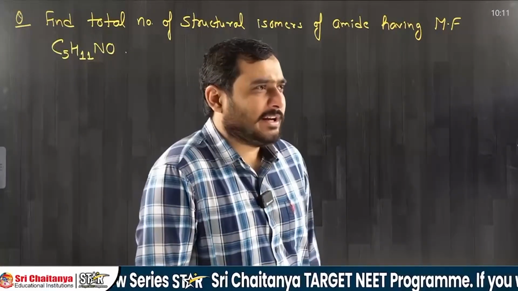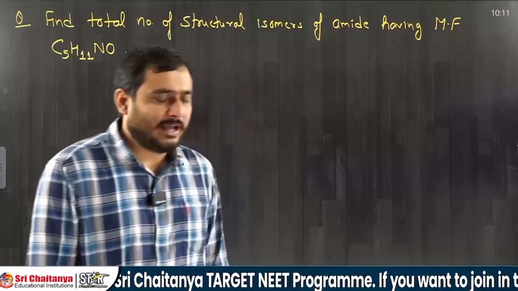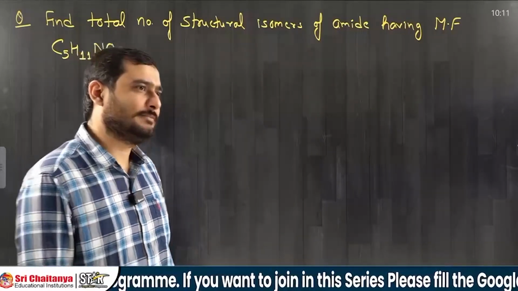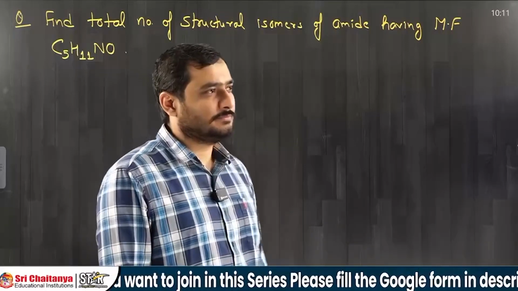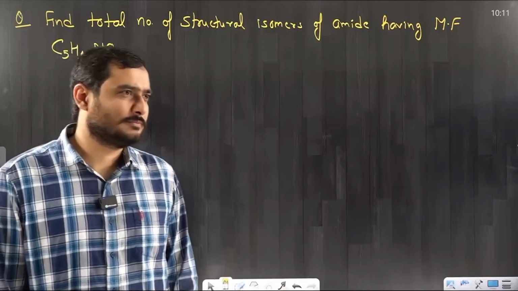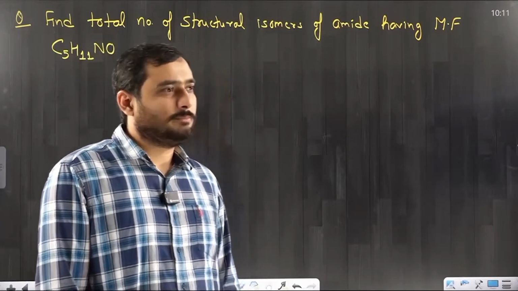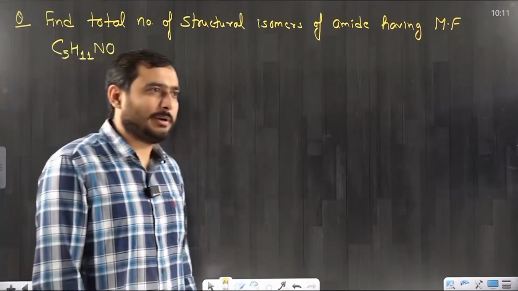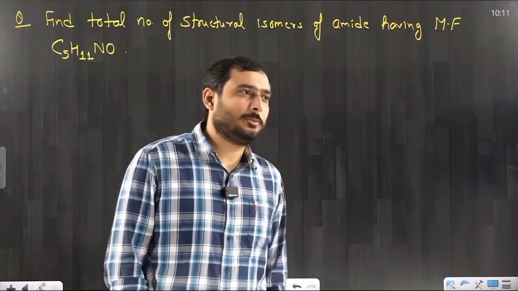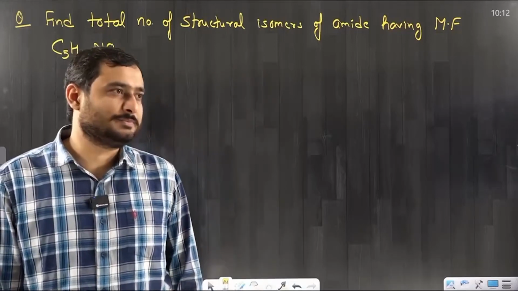Students are telling primary answer 4. Primary is correct. Now move to secondary and tertiary. Everyone is telling primary correct, 4. Very good. Then you have to tell how many secondary amides are possible.